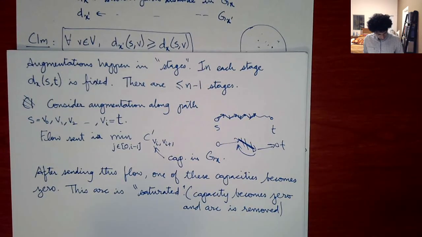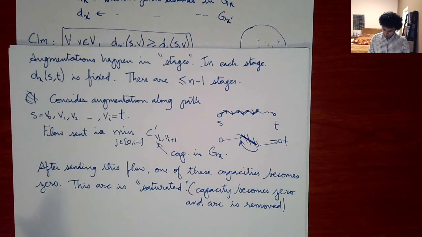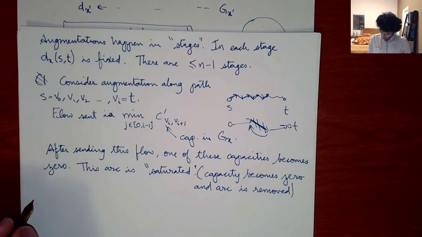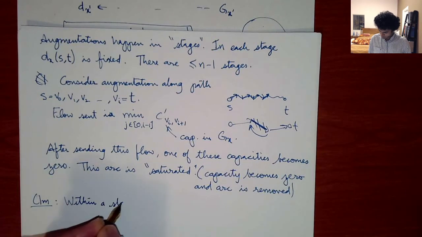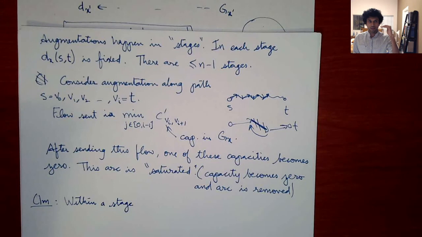So here is the deep observation within a stage. So what is a stage? In a stage, the distance D from S to T is fixed.